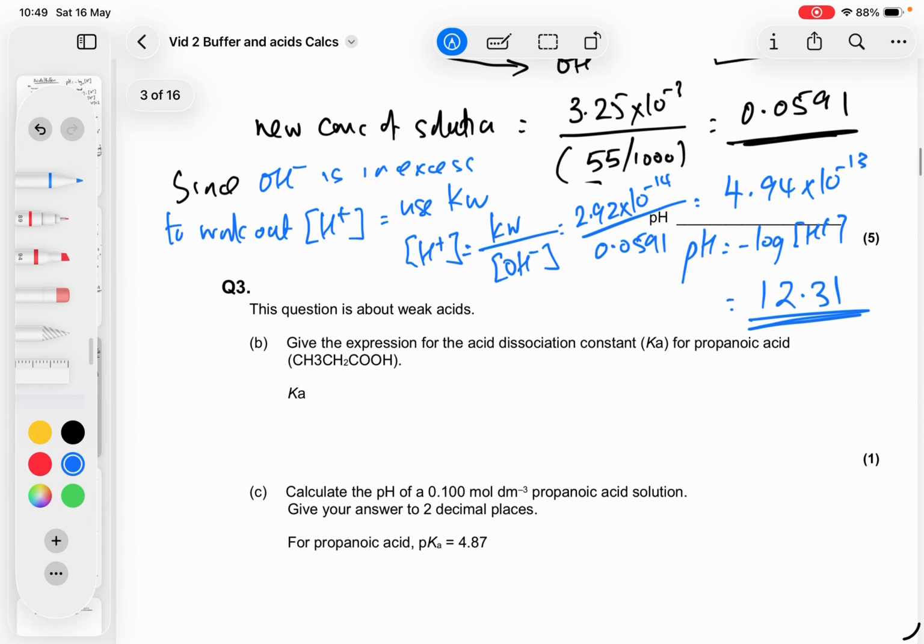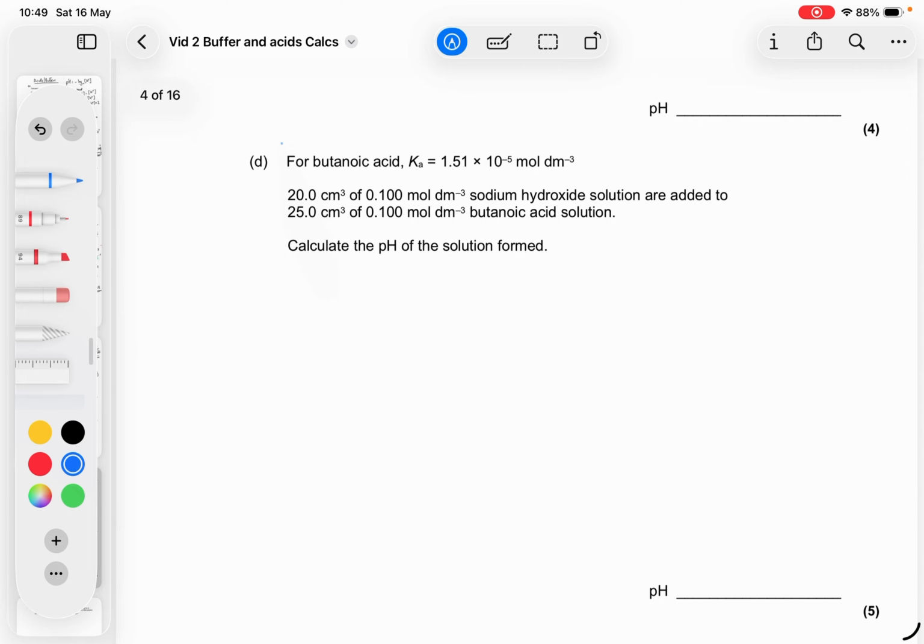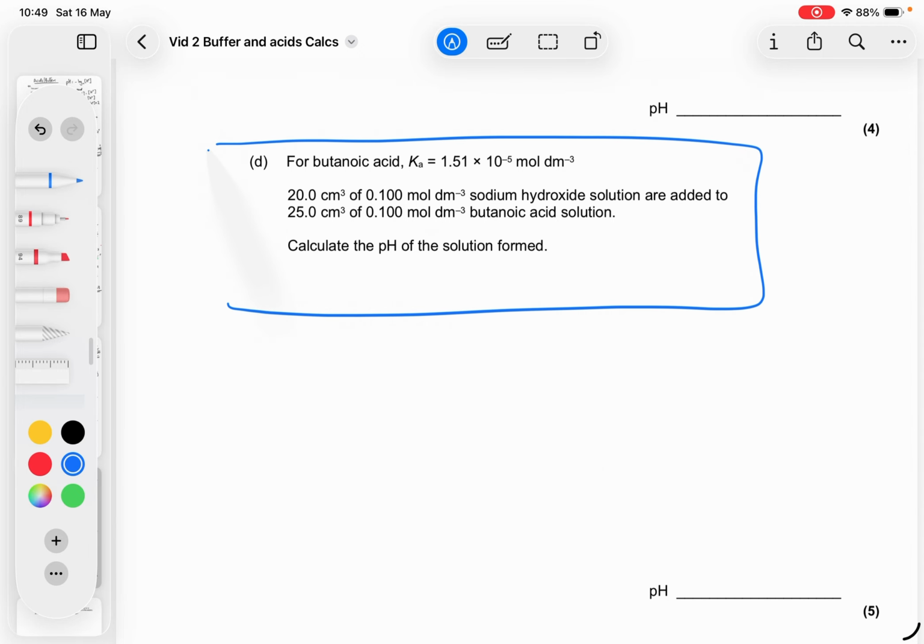Okay, now you can see a question comes here on butanoic acid, where it's a weak acid, strong base calculation. Again, you would do the same thing. You work out moles of sodium hydroxide, moles of acid, then you work out excess moles.